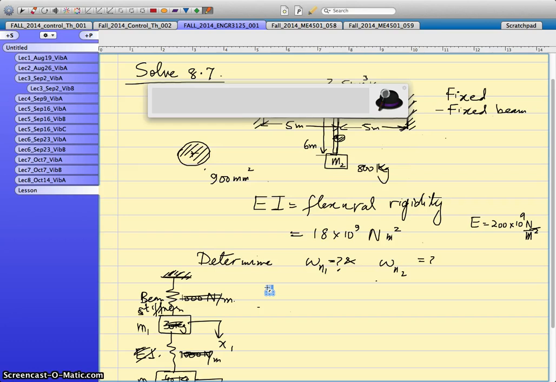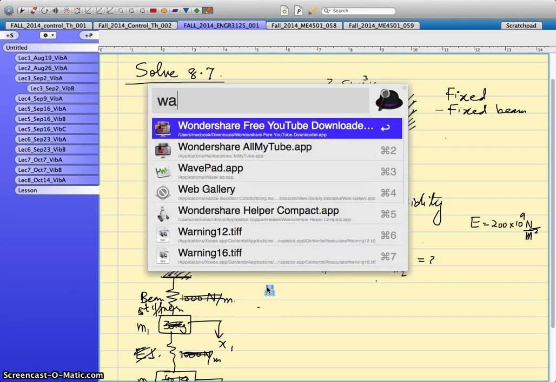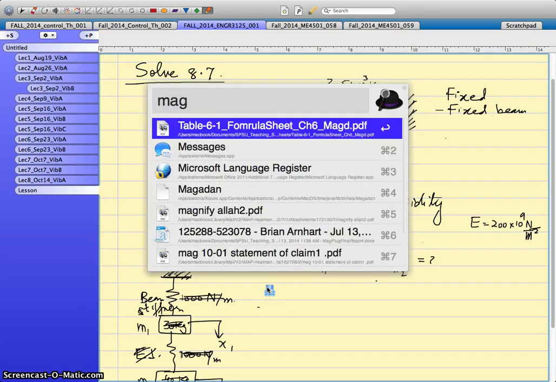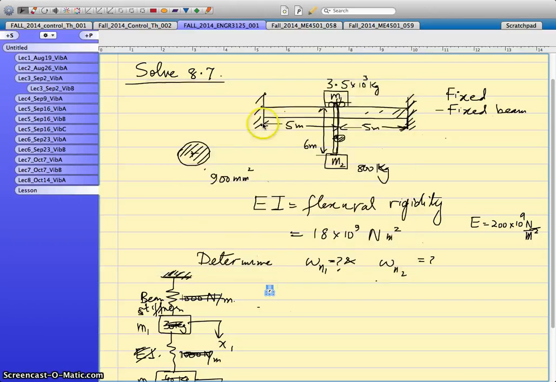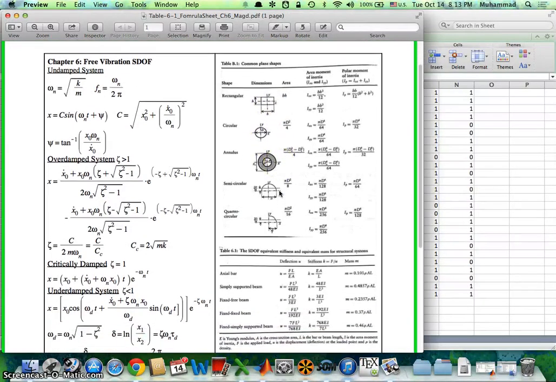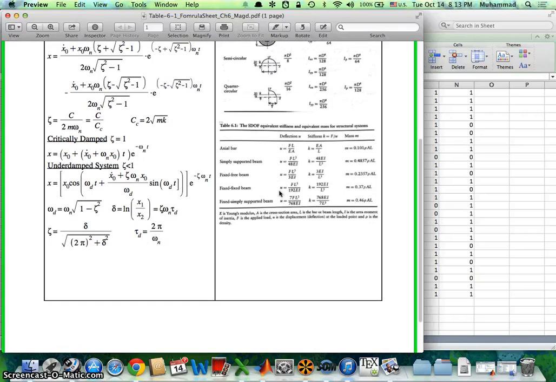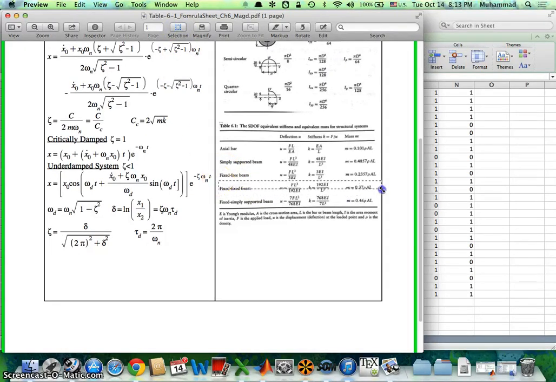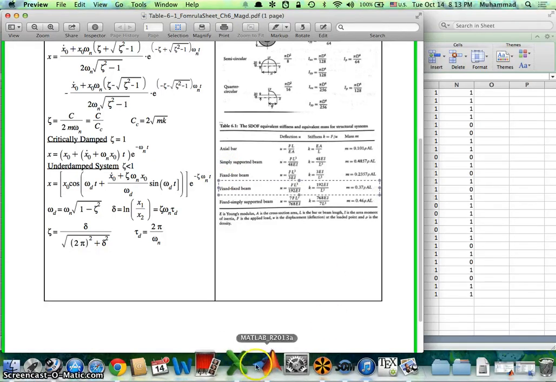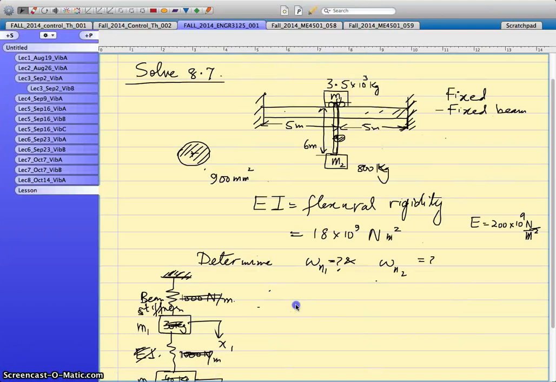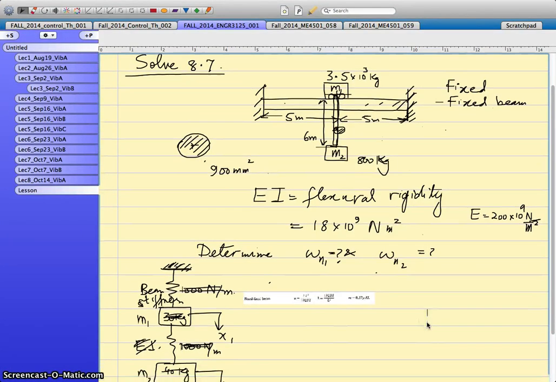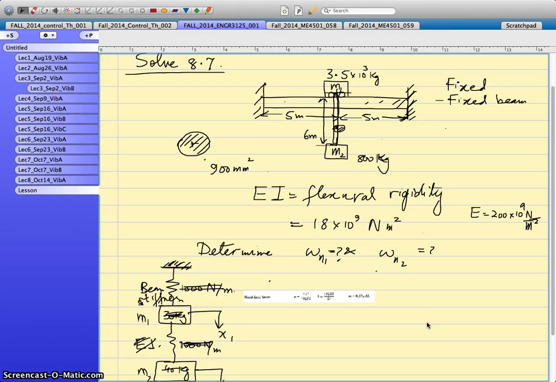So let me go to the Magd Wahab formula sheet. Yes, here it is. So if you see here, this case, fixed beam. Now this beam, what is the stiffness?